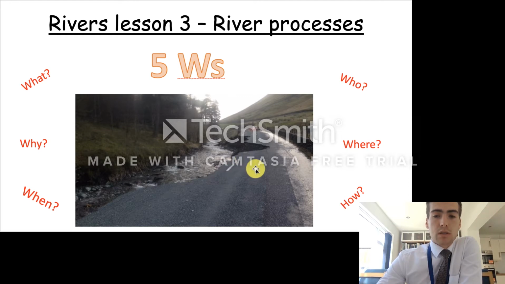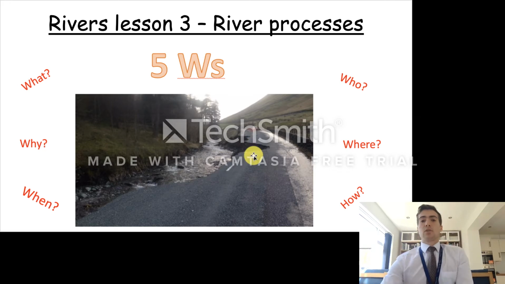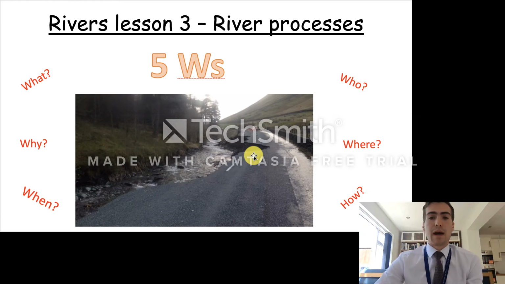Okay, that's the what. Why did this happen? There was a massive flood in this area, and so much water was going down this stream that it caused all underneath the road, the foundations of the road, to be worn away, to be eroded, and for it to basically just be undermined and collapse.